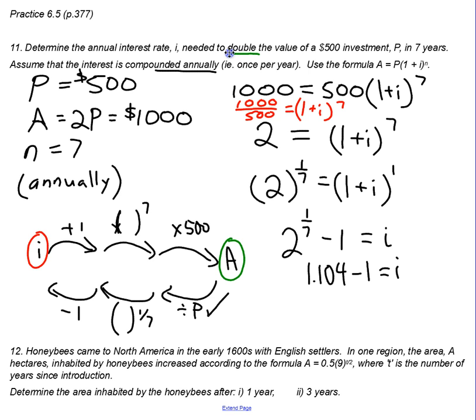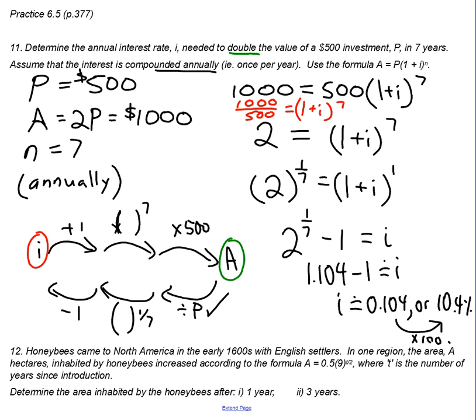Okay, so that means I is about equal to 0.104, and that would be 10.4%. Again, multiplying by 100 to go from decimal to a percentage.